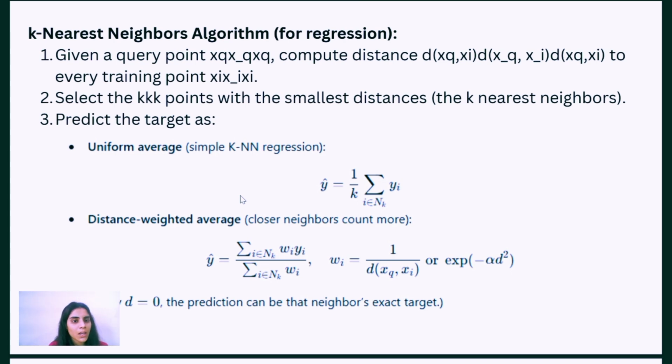Select the K points with the smallest distances and predict the target as a uniform average. This is the formula that is showing on screen. After that, a distance weighted average. This is the formula with weights w_i for the weighted average. After it, return y, whatever your output is.